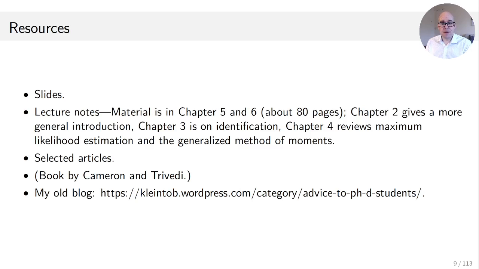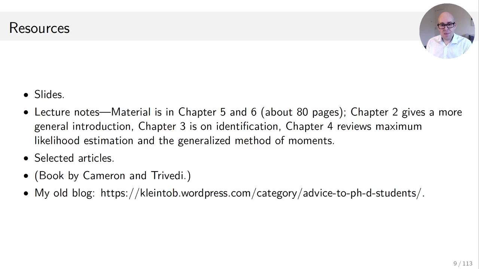The material that we're covering in this course is in chapters 5 and 6. Altogether, for this first half of the course, it's 80 pages. These are not pages with tiny text, but reasonably spaced 80 pages.